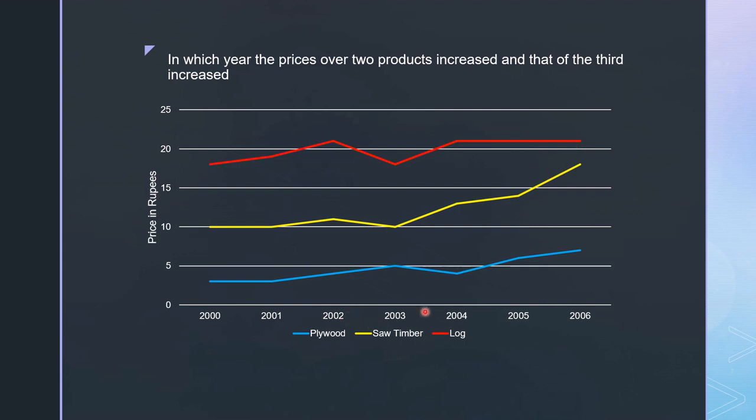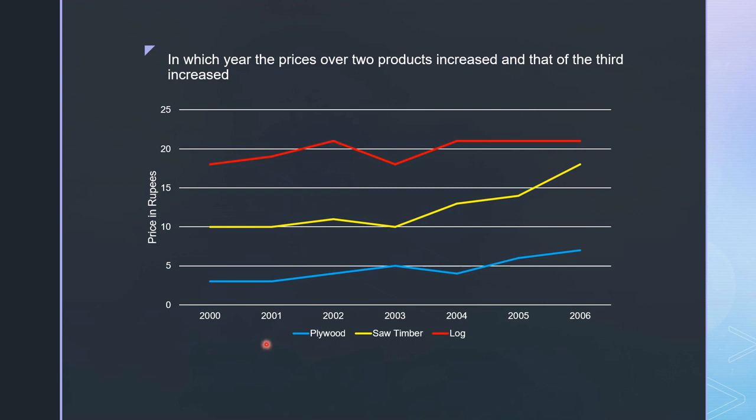So in which year did the prices of two products increase and that of the third also increase? That occurred only in 2002, because in 2002 the plywood is 4 points, the saw timber is 11 points, and the log value is 21 points.